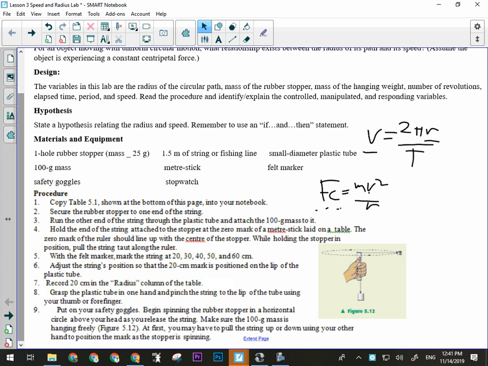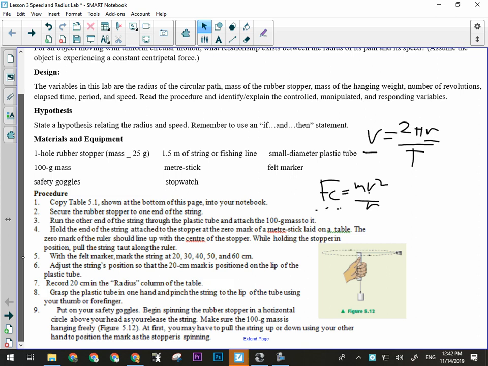I put a mark down here that I can watch. That's my 20 centimeter mark. Make this 30, put a mark down here that I can watch. Everybody okay with that? All right, so you're going to be doing this up to 60 centimeters. Make sure you give yourself enough room. I have had groups get their stoppers tangled, and it's a horrible mess. We end up just cutting the string and starting over.